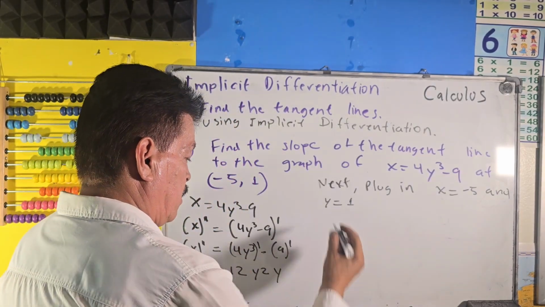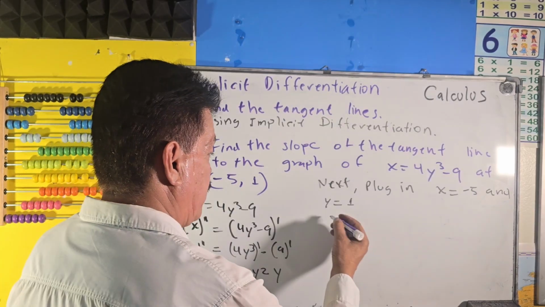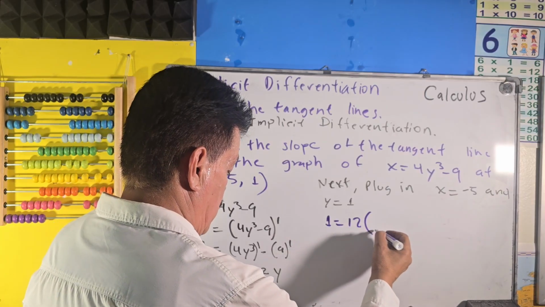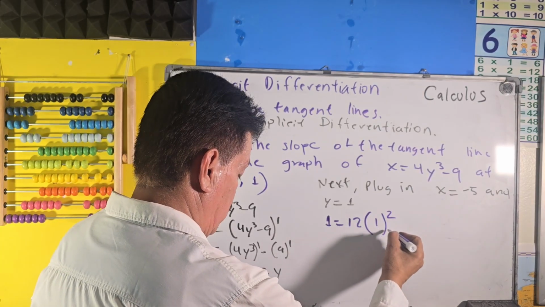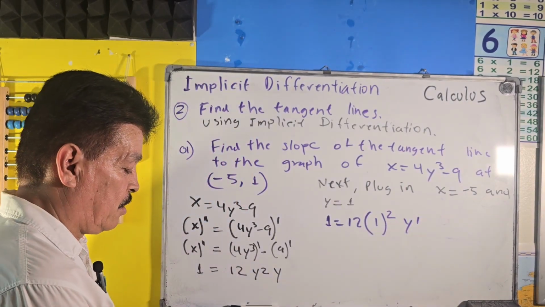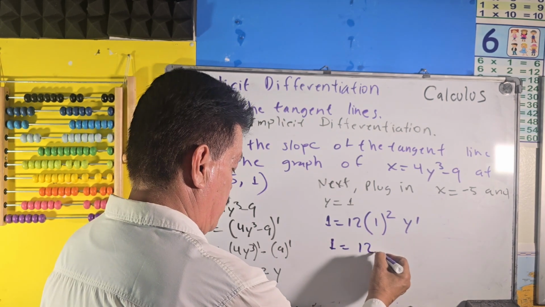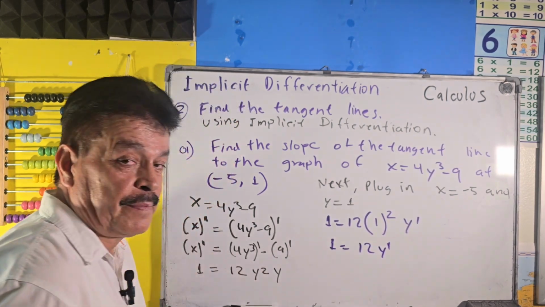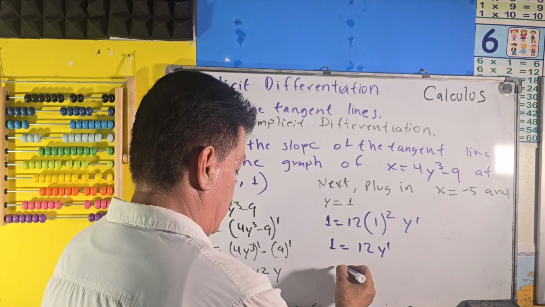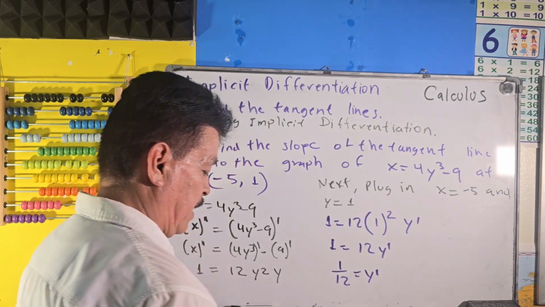So let me write 1 equals 12 times 1 to the second power times y prime, right? So simplify one more step: 12 y prime. Okay, so now divide: 1 divided by 12 equals y prime.